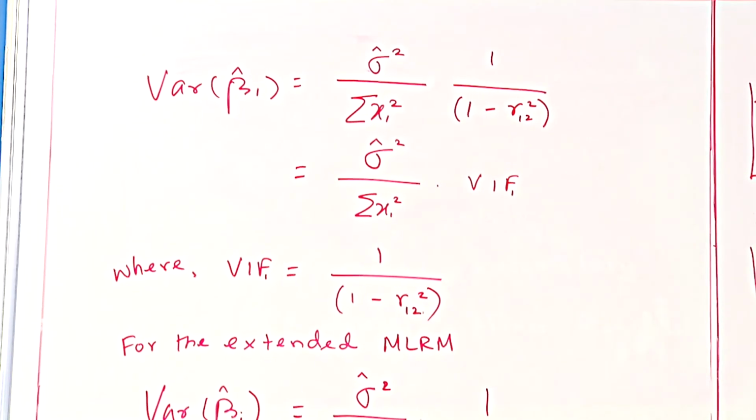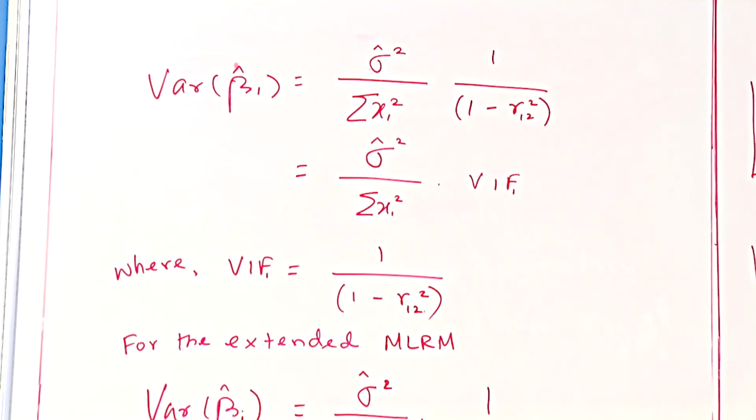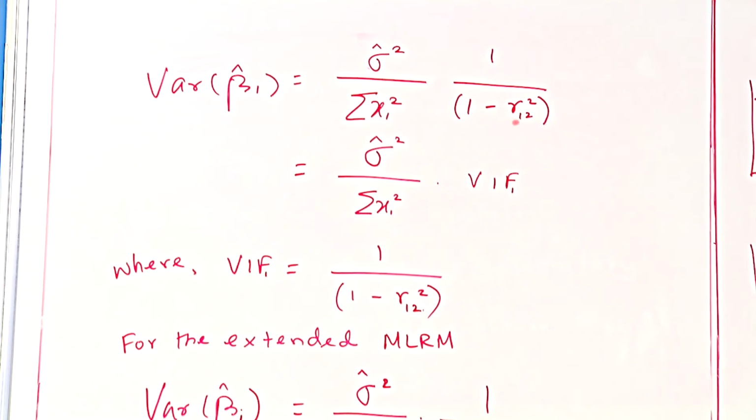Let us restate the problem: variance of beta 1 hat is equal to sigma square divided by sigma x1 square times 1 by (1 minus r12 square).